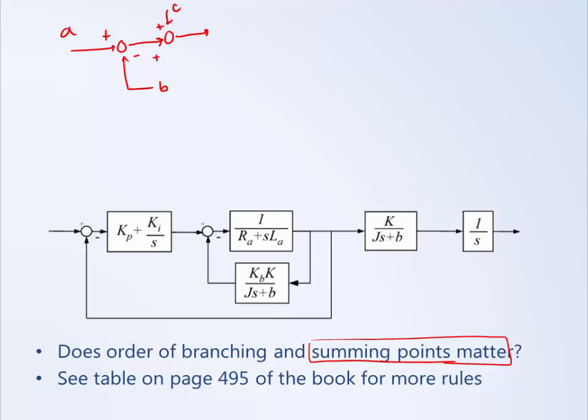Okay. And so looking at this, the output of this is going to be determined as follows. The first summing junction has A coming in on a positive input and B coming in on a negative input.